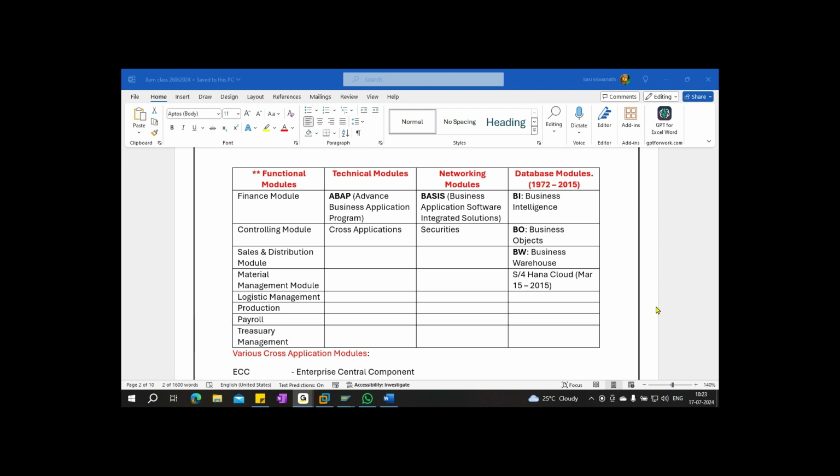Right? In that, a 4x4 matrix with the headings functional modules, technical modules, networking modules, and database modules.